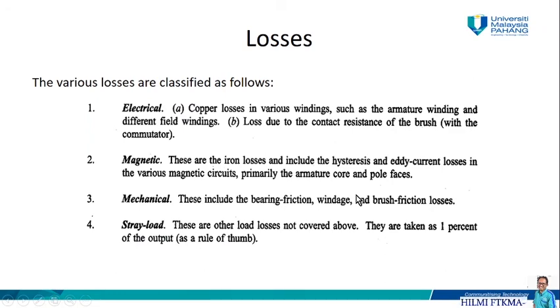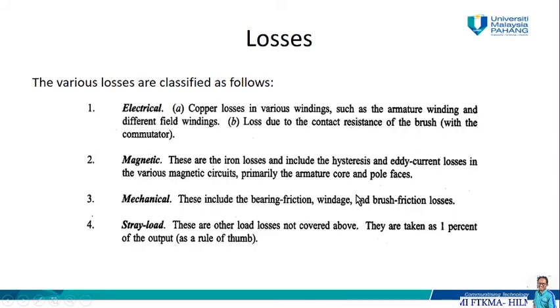Various losses are classified as follows. A real motor will have some kind of energy loss, power loss. The first type of loss is electrical, the copper loss in various windings such as the armature windings and the different field windings, and also the loss due to the contact resistance of the brush.